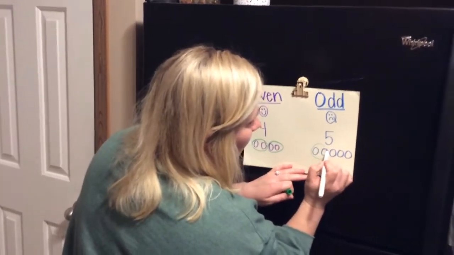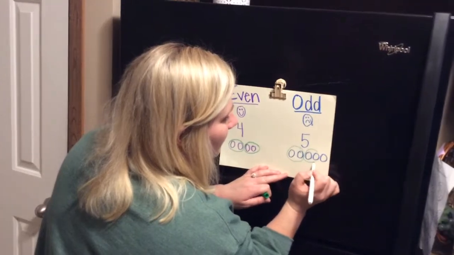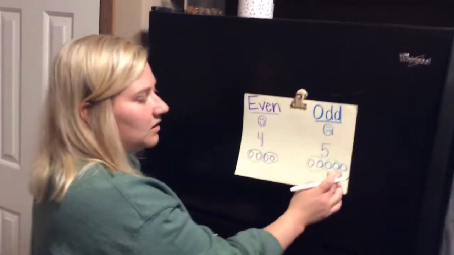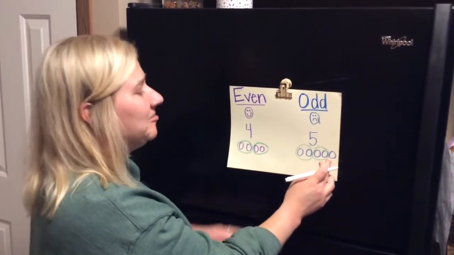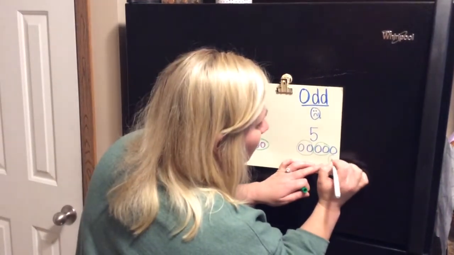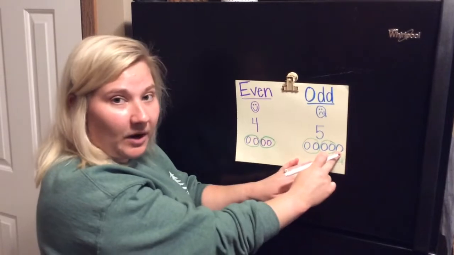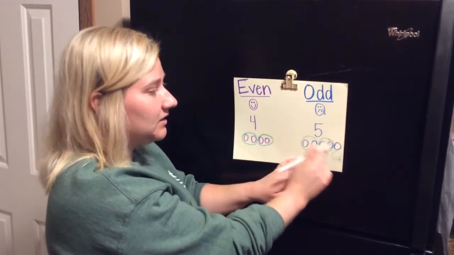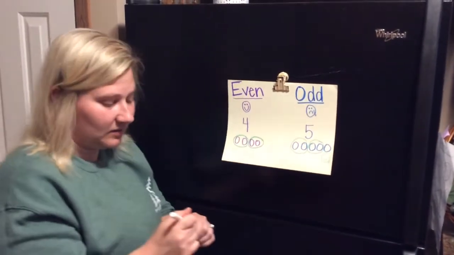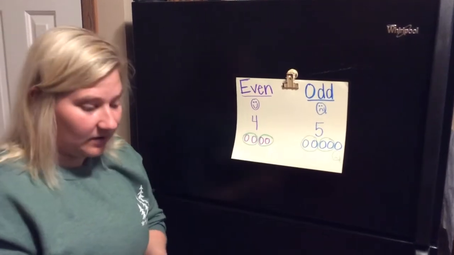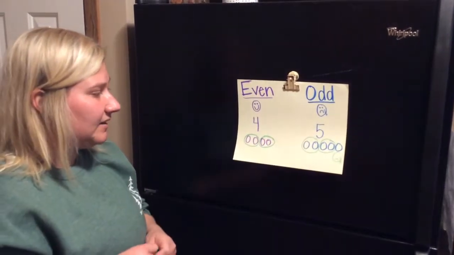So these 2 are partners. These 2 are partners. Oh, this one's crying because there's no one else to partner him up with. So this number is odd. That's an odd number. Okay, so that's even and odds.